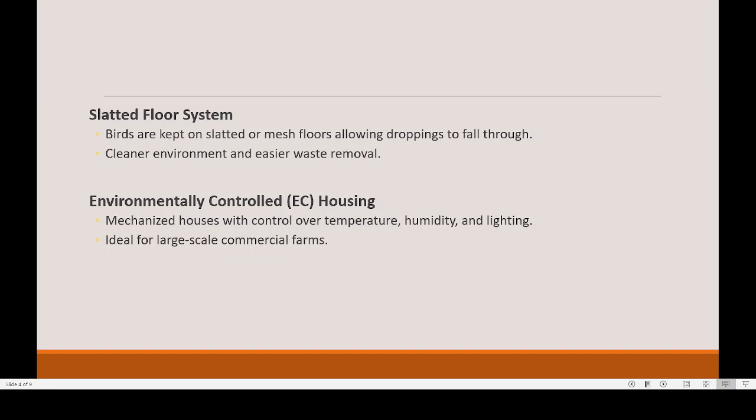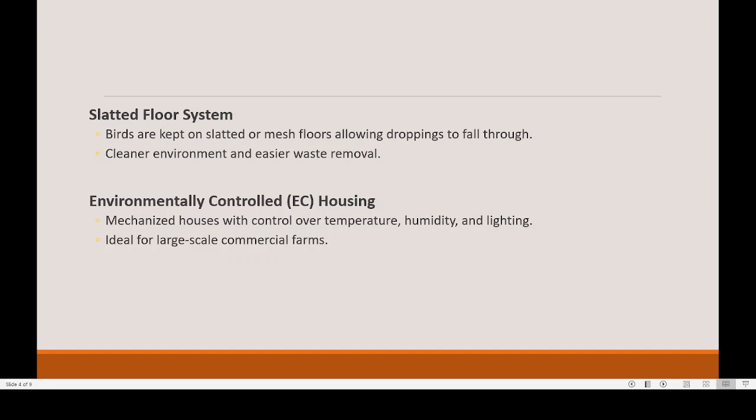See here also, you can see this is a modern type of system where birds are kept on a slatted or mesh floor, allowing droppings to fall through. See, here you can see that this is the bottom. This floor has a lot of holes. So when the chicken drops droppings, they will not remain there. They will fall into another tray. So it is easy to remove.